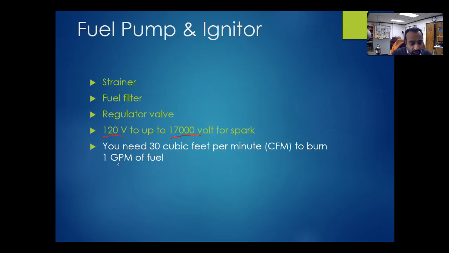It's a good ratio to know, to have an idea of how much air is required to burn 1 gallon of fuel. It's very important to have good makeup air coming inside the boiler, especially if you are going to pull air from the living space like the house or the basement.